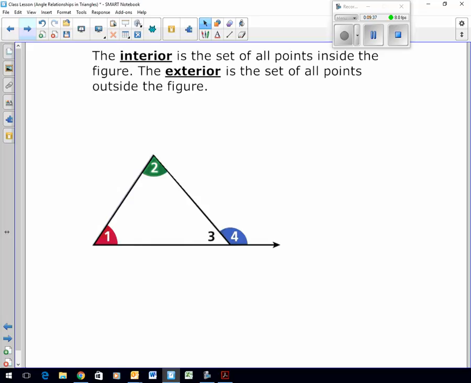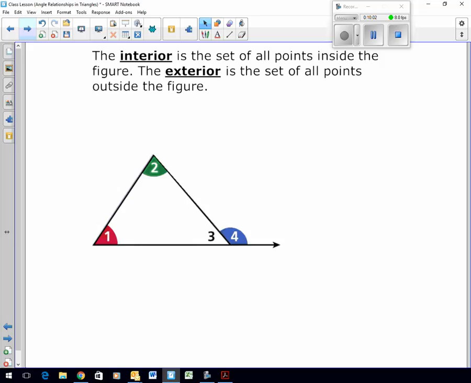Let's just see if common sense will prevail here. I'm going to pick on somebody who I don't think is paying attention. Jamie, what angles do you think are inside the triangle? 1, 2, 3.